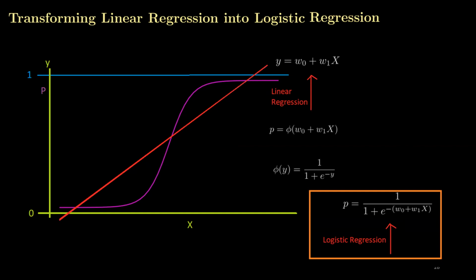Here is the logistic regression, and its output is the probability of a class. So by performing just one step, we are able to transform linear regression into logistic regression. Now, this is the equation of a logistic regression.